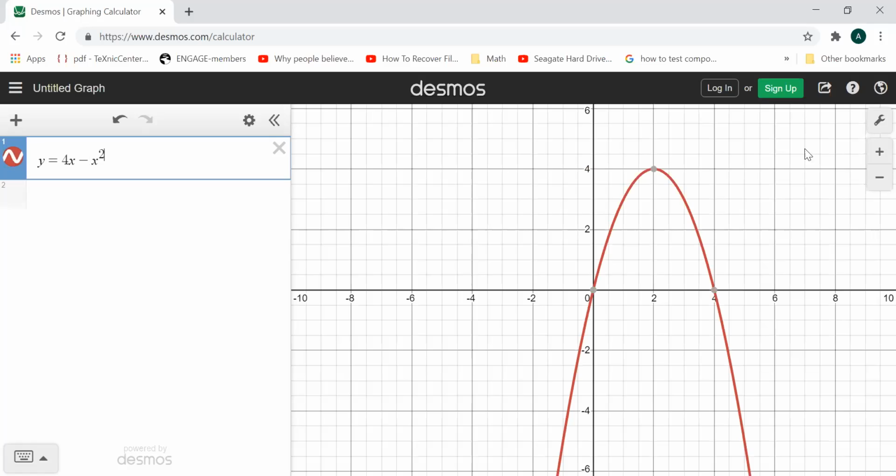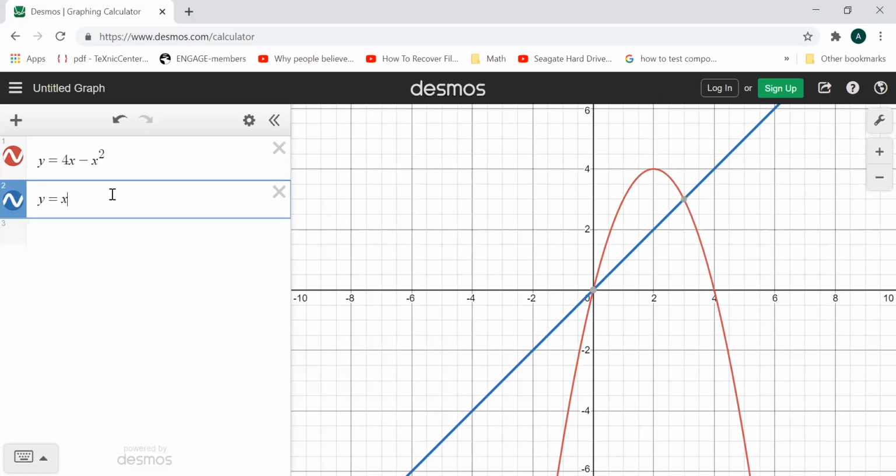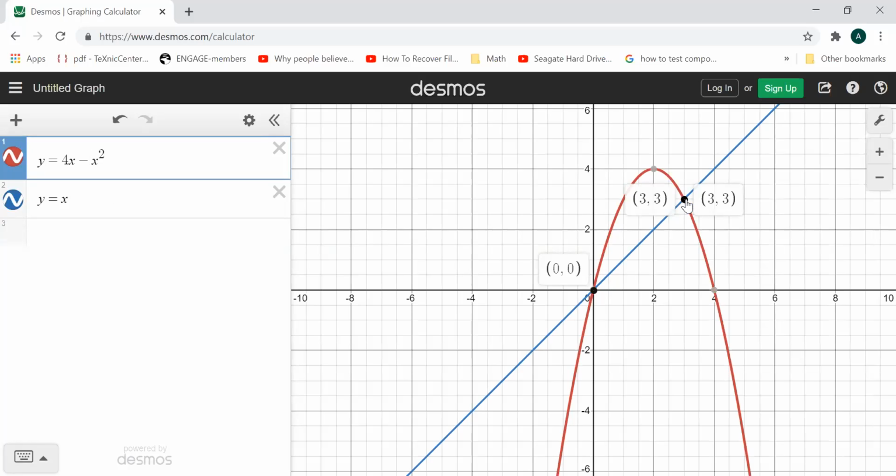We get this particular parabola, and the other one is y equals x. You can see that the area between them is this one here. So it's one curve at the top and the other one at the bottom.